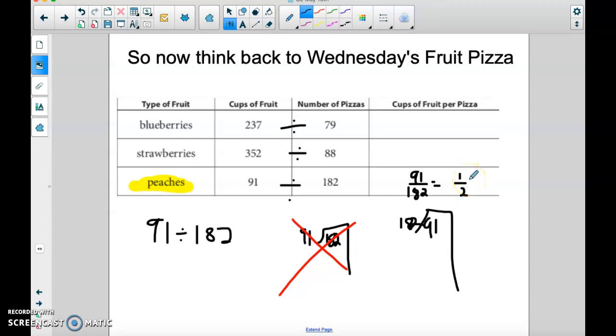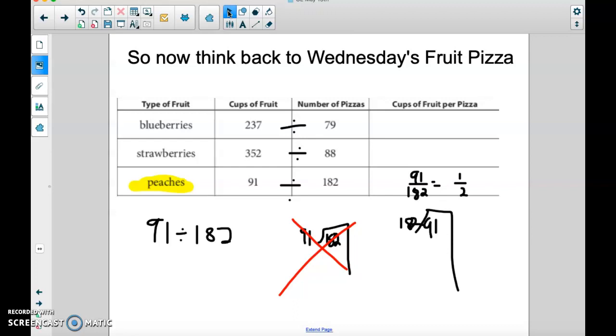Okay? But I wanted to bring that one up because a lot of people got that wrong. And that's something going forward you're going to make sure you have straight. It's 91 divided by 182. 91 should be on the inside. 182 should be on the outside. Or you write your equation and you use our little trick of the day. Okay? So hopefully that makes sense.